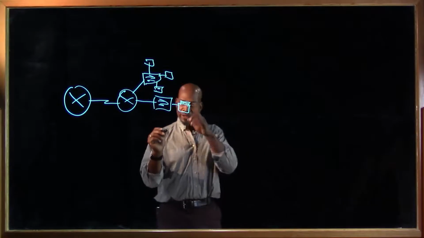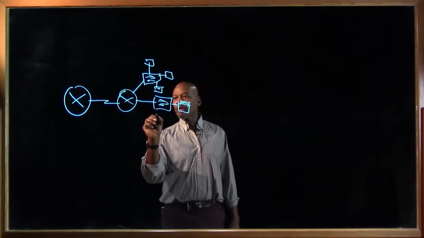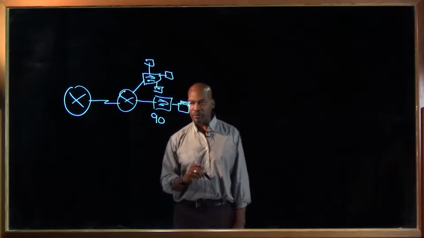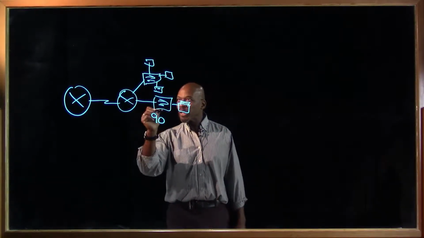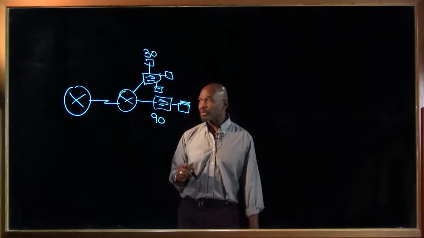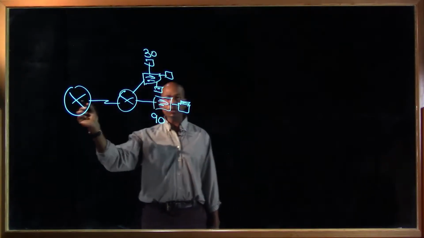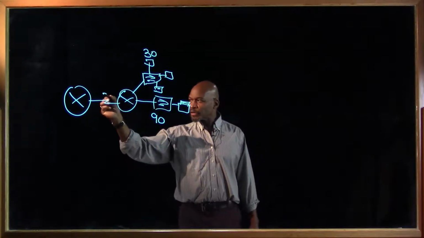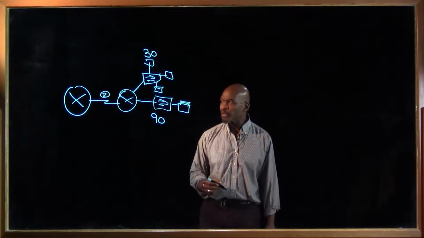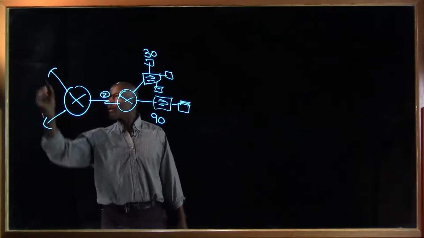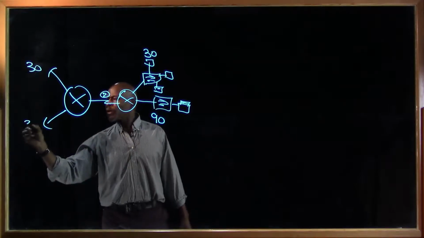Let's say that on this side of the network you needed at least 90 IP addresses, 90 hosts connected to this network, and 30 hosts connected to this network. Also notice this is a point-to-point connection, which needs two IP addresses. And on this side of the network we're going to need 30 and we're going to need 30.